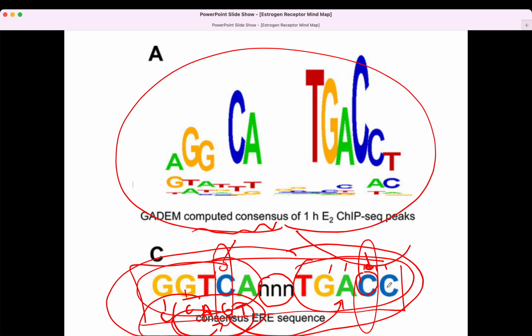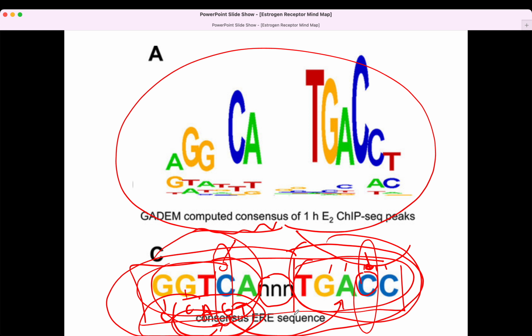The consensus sequence often has this half site feature because a dimer of the transcription factor really typically binds, and the half site often has this sort of inverse or palindrome or complementary kind of sequence to it.